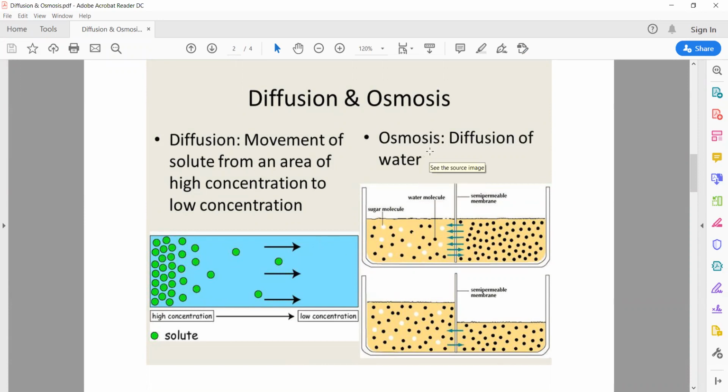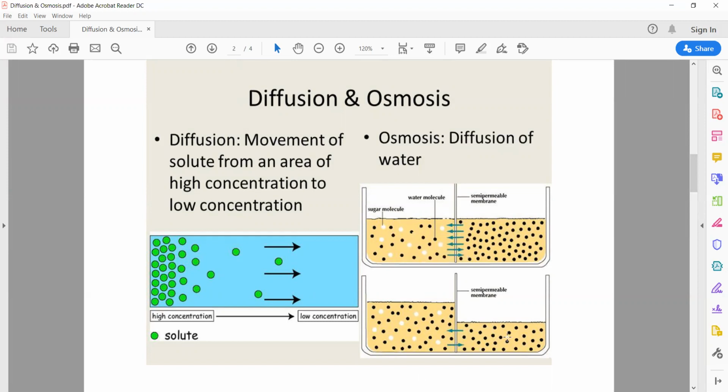Osmosis is the movement of water from higher concentration to an area of lower concentration. So here, you see these black dots are going to be our water molecules. So you'll see on the right side of this image, we have a lot more water than we do on the left side. So you're going to have more net movement of water from the right side into the left side until it equalizes the concentration of the water.